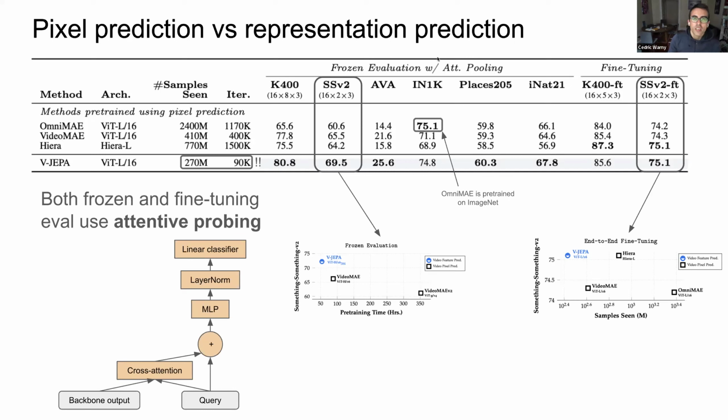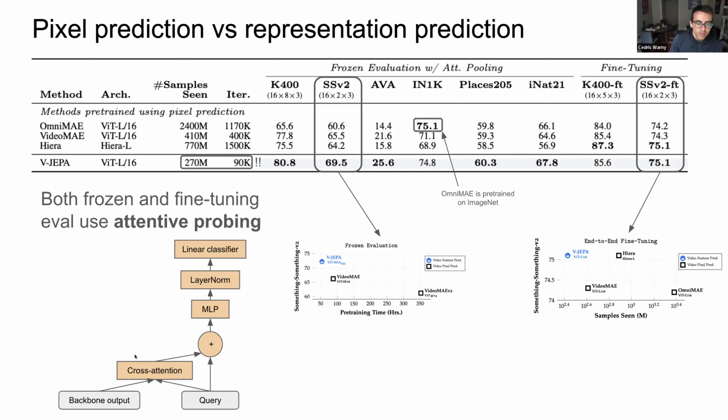One quick note on what I mean by frozen evaluation with attention pooling: you have the frozen backbone, and then you add a head, essentially, and the head is this thing here. You fine-tune this part of the model for the frozen evaluation, and for the full end-to-end fine-tuning, you also fine-tune the backbone, not represented here.